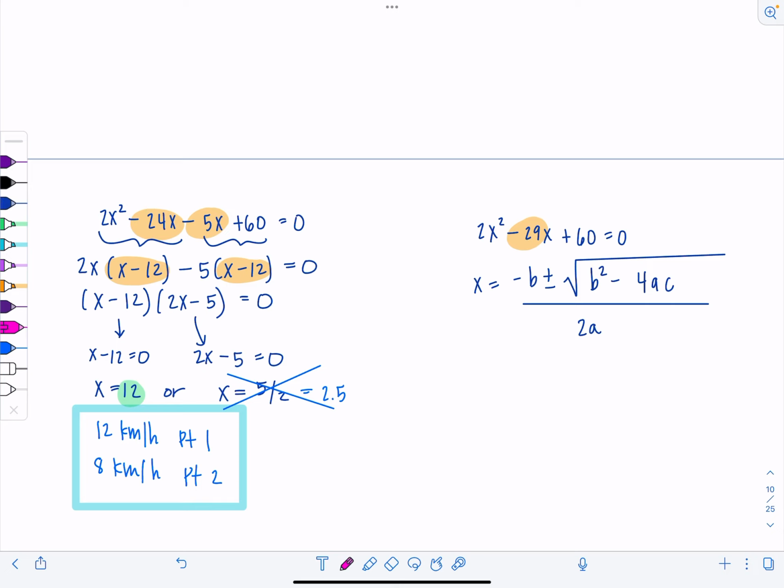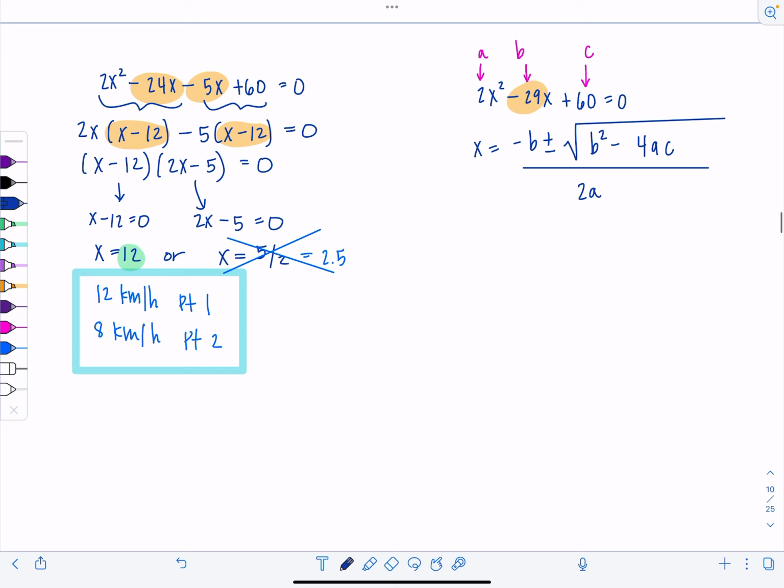And then here's a, b, and c, right? a is 2, b is negative 29, and c is 60. The only thing is with these big numbers, the computation is going to get a little tricky. So make sure you keep your skills sharp. I don't know if your instructor lets you have a calculator or not.